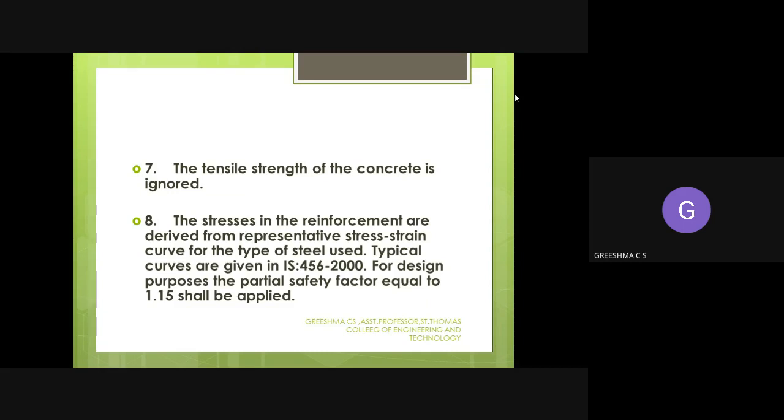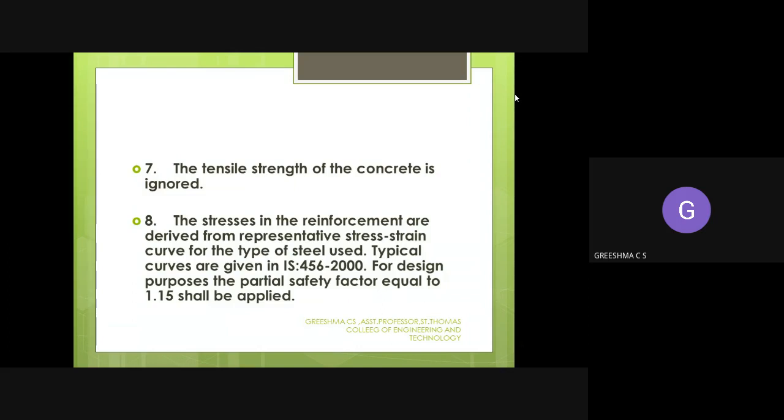Next, the stress in the reinforcement is derived from the representative stress-strain curve for the type of steel used. Typical curves are given in IS 456:2000. For design purposes, a partial safety factor of 1.15 shall be applied. Same as for beams, we have a separate stress-strain diagram for each grade of steel, that is Fe 250, Fe 415 and Fe 500.